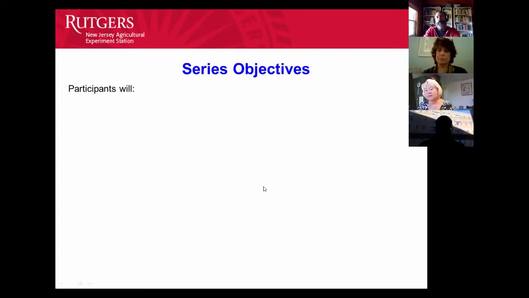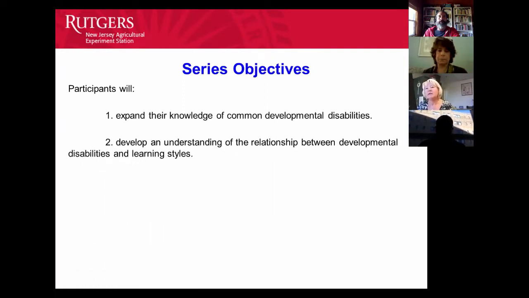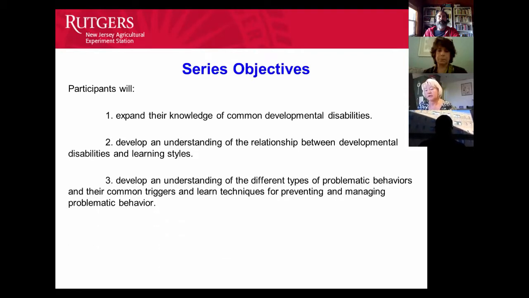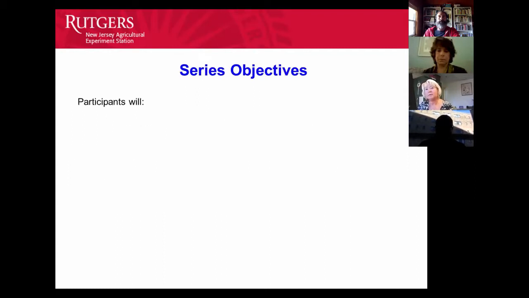So the series objectives include, number 1, participants will expand their knowledge of common developmental disabilities. Secondly, develop an understanding of the relationships between developmental disabilities and learning styles. Third, develop an understanding of the different types of problematic behaviors and their common triggers and learning techniques for preventing and managing problematic behavior.